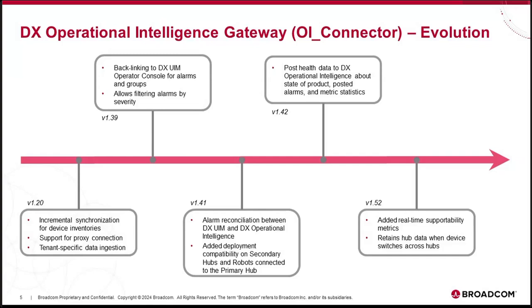And over the more recent version releases, we've added the capability of deploying this OI connector not only on the primary hub on the UIM side, where it used to reside, but also on secondary hubs as well as any robot that's connected to the secondary hub. That gives a unique leverage that we use for this high availability capability being developed on top of it.